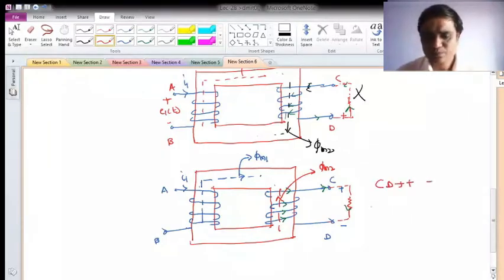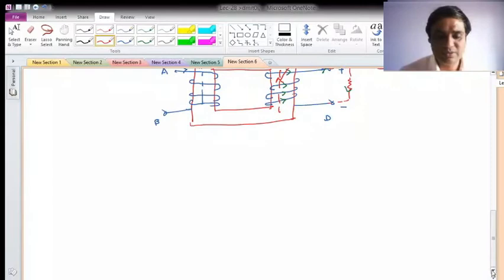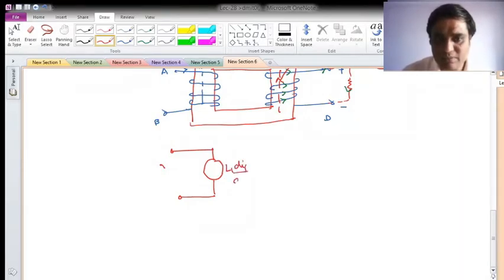Okay. So why did we do this? To identify the dots, basically for that only we need it. Let me draw the resultant for that. It will act as the source, whose magnitude will be L1 di1 by dt, with this polarity positive, negative, at A and B, and current I1 is flowing in it.